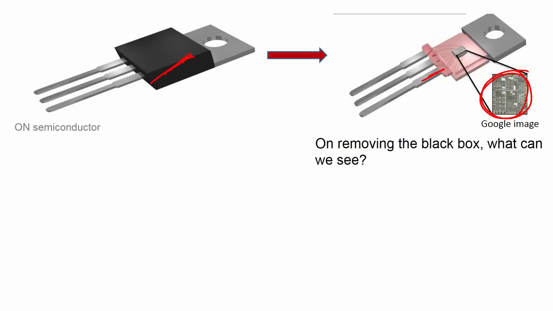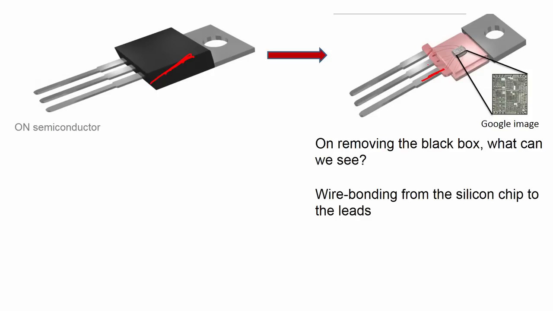You can design the circuits using Cadence, and send it to the foundry to manufacture the devices, transistors and circuits for you. So, the point is, when I open this black box, or the package, I find there is a chip within it which is connected to the leads using wire bonding.